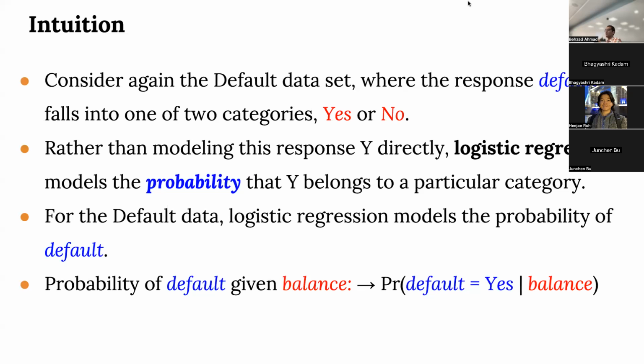In the logistic regression problem, let's say we only have balance again. The ultimate goal is to find whether the person would default given the balance, okay? But what we do instead is to find the probability that the person would default or not, given a variable.